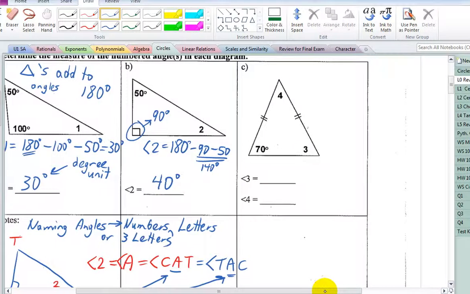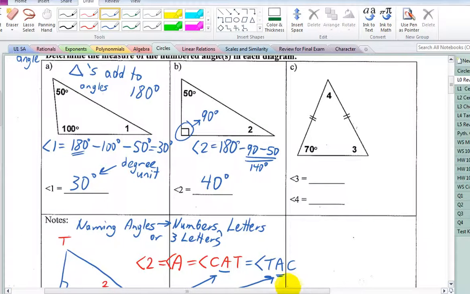Yes? So why do you use 180 and 50? What do you mean? Why are we subtracting 180 degrees minus 90? Oh, because that's how you figure out the angle that's left over.